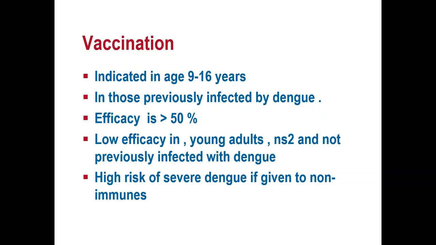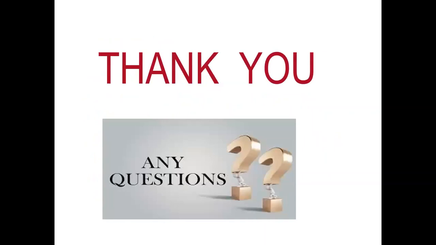There is a very high risk if vaccinated with the dengue vaccine without previous immunity. In those cases, dengue can present with a worse presentation. Thank you so much. If you have any questions, you're more than welcome.